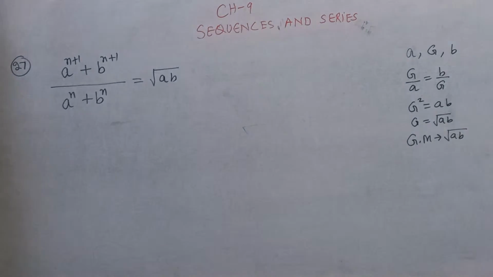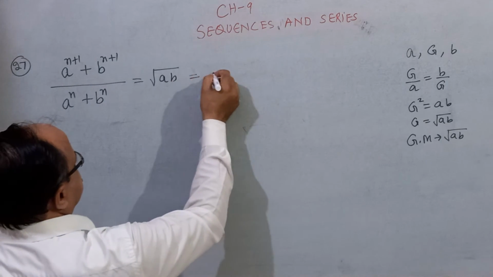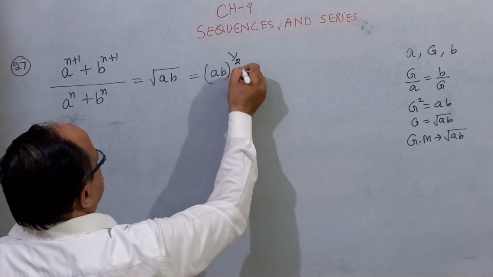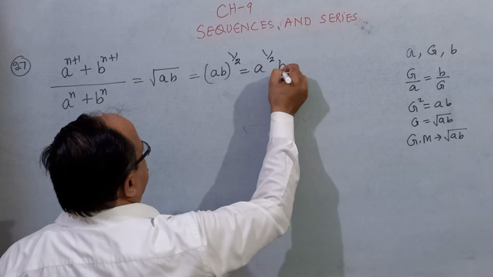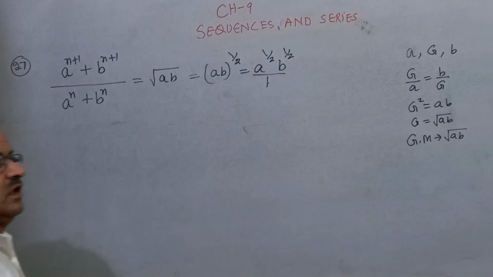Now, with the help of this, find the value of n by cross multiplying. You can write this term ab whole to the power 1 by 2, or a to the power 1 by 2, b to the power 1 by 2. Now cross multiply.